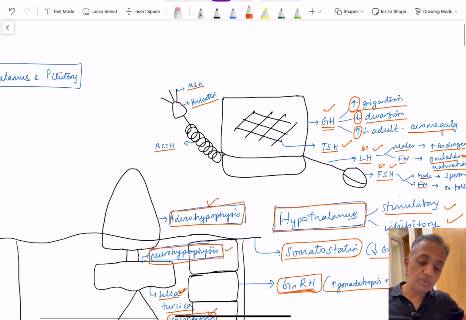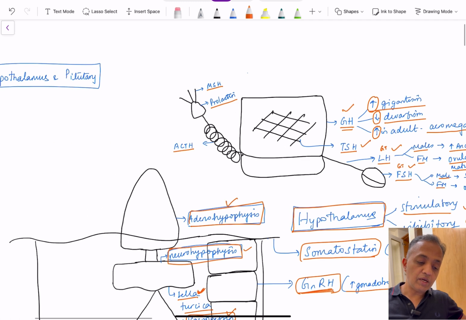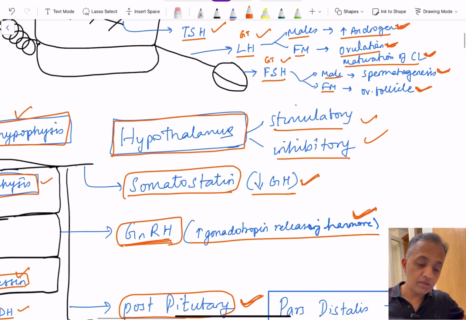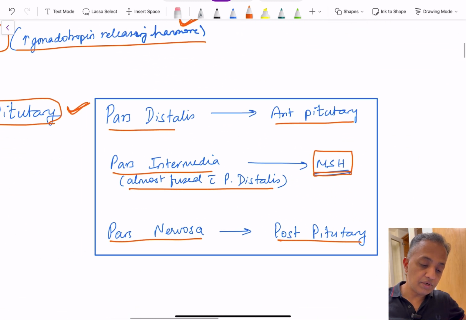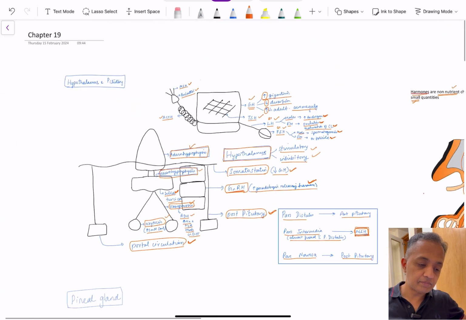Follicle stimulating hormone causes spermatogenesis in males and ovarian follicle development in females. Coming to this side, ACTH causes the adrenal cortex to secrete more steroid hormones. Prolactin is essential for mammary gland formation. Melanocyte stimulating hormone, secreted by pars intermedia, stimulates melanocytes. Okay, all right.